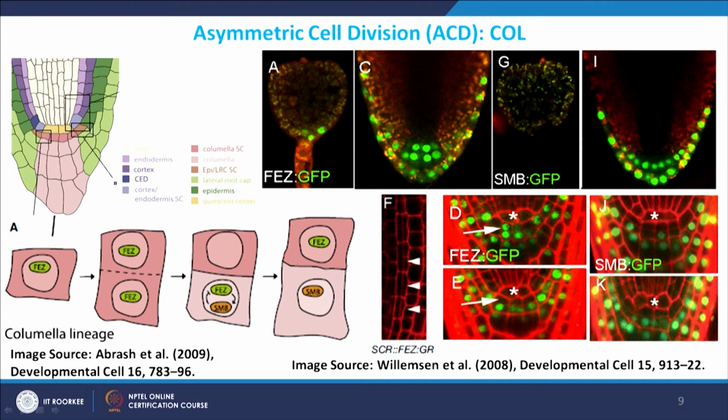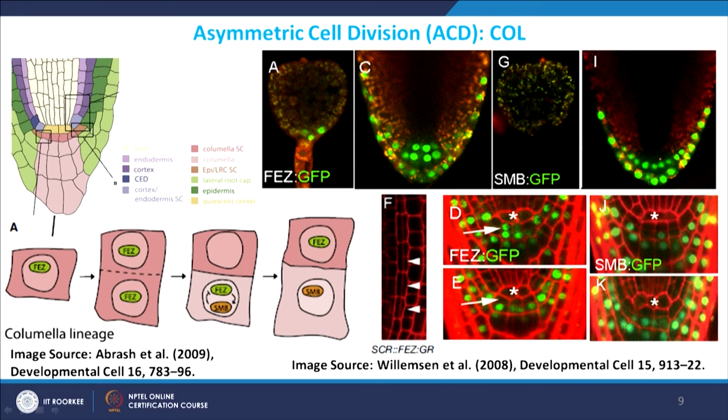If you look at how columella initials undergo the process of differentiation, the same regulators have been shown to play a very important role. If you look at just the expression pattern of FEZ and SMB protein, during embryogenesis FEZ starts expressing here. At that stage SMB was not activated, but at a slightly later stage SMB is getting activated.